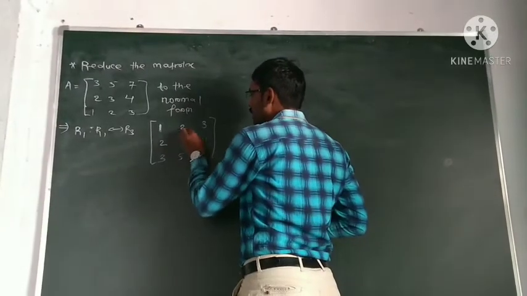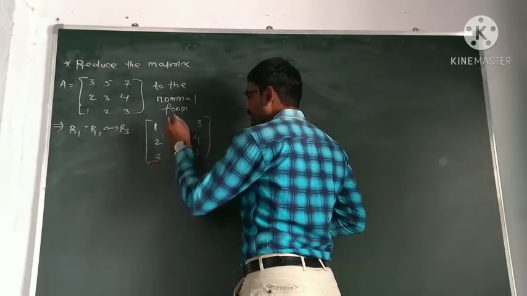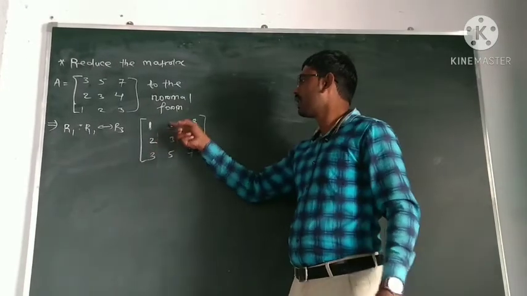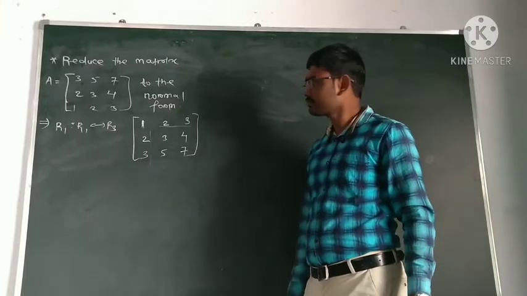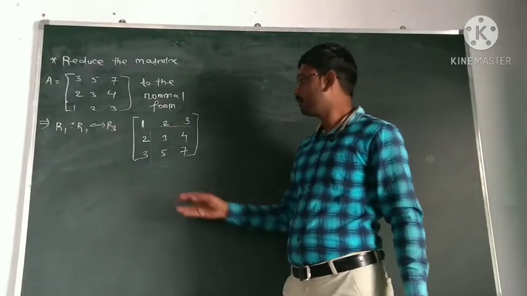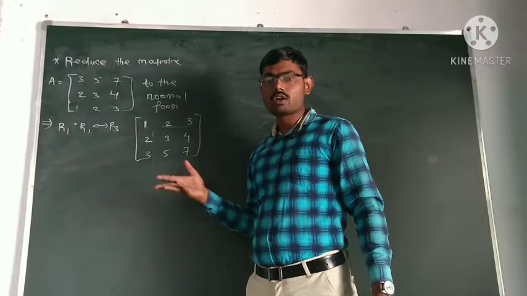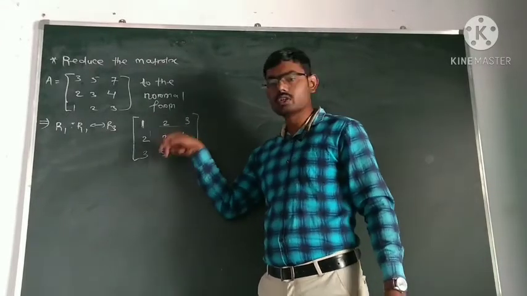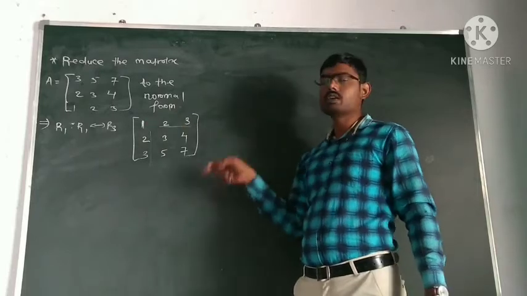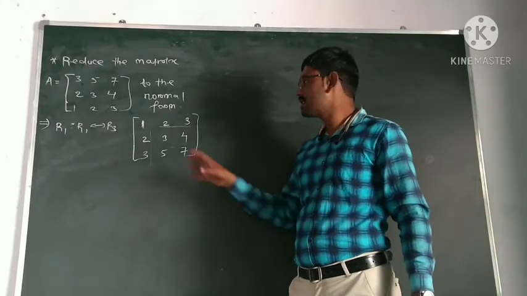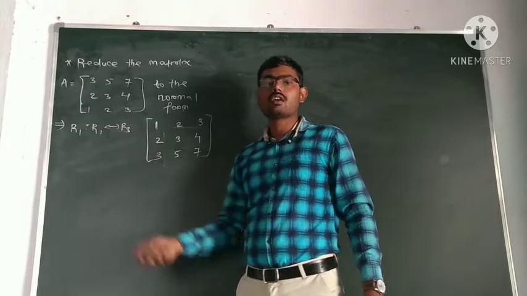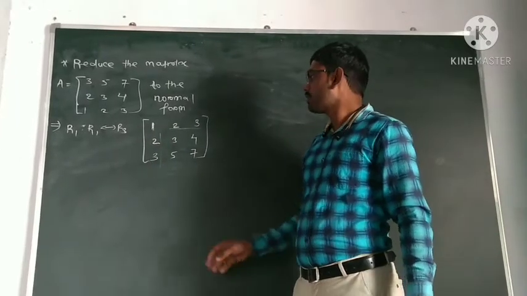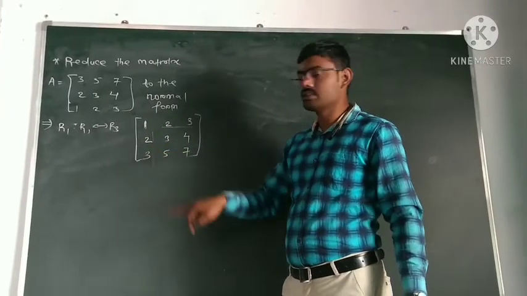So our next target is to make these elements 0: this 2, 3 and this 2, 3. If the matrix were 4 by 4 or larger, then reduce all the elements in the same row and column to 0. This process is applicable to all other matrices also. So we want to make this 2 and 3 a 0.